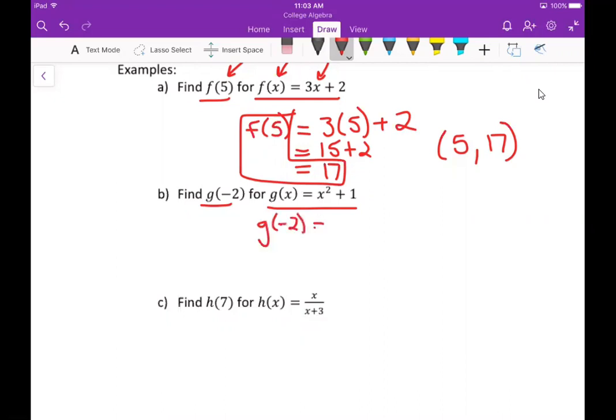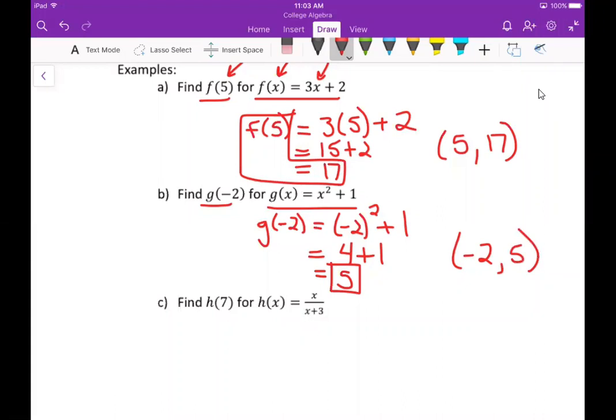Make sure anytime you have a negative number, you plug it in parentheses. So negative 2 needs to be squared, and then we need to add 1. Negative 2 squared in parentheses is a positive 4, and 4 plus 1 is 5. So our answer is 5. What this means is that if I plug in negative 2, I get an output value of 5.